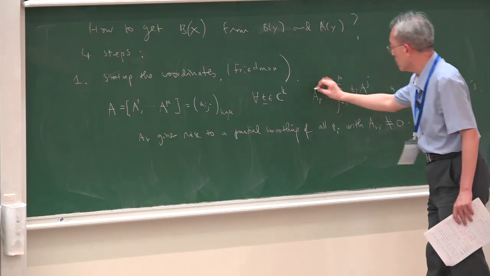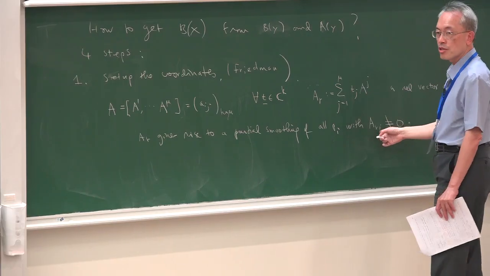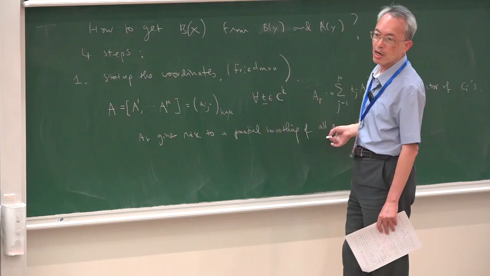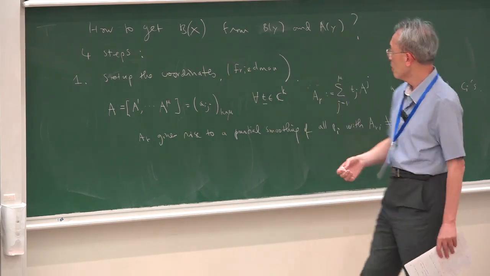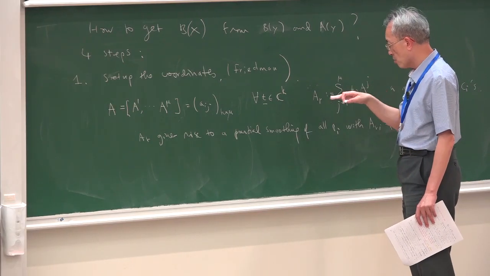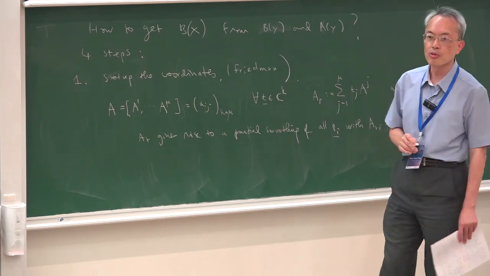So this is a vector, this is a vector. And just look at the ith entry. That entry corresponds to whether you pick up the point PI, and the coefficient is non-zero. So that will give you a partial smoothing, which will smooth this ordered point.